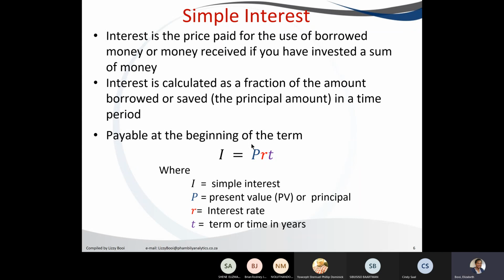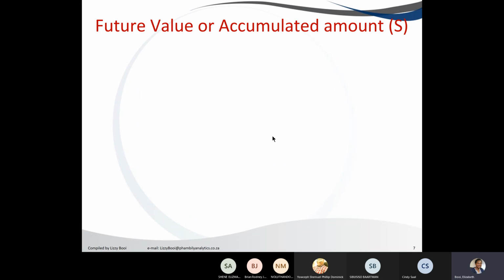And the term, we always count it in years, because the interest will normally be yearly or annually. So your period also needs to be converted to years. If your period is given to you in months or in quarters, you just need to convert that into the number of years.